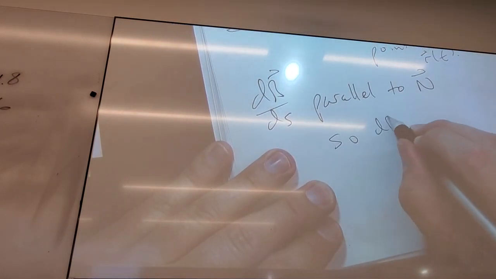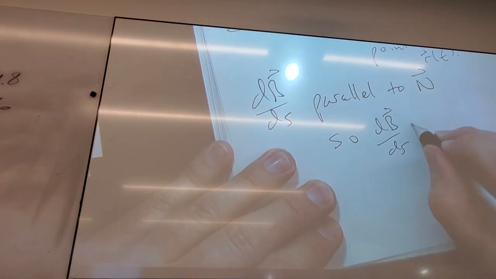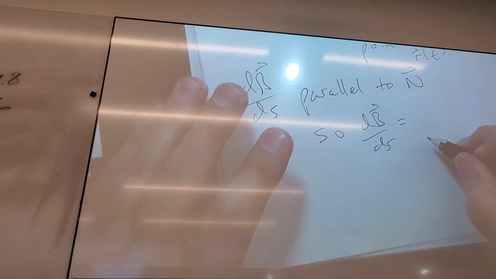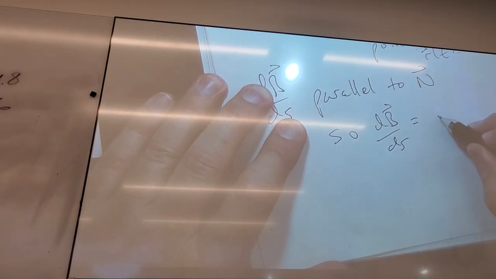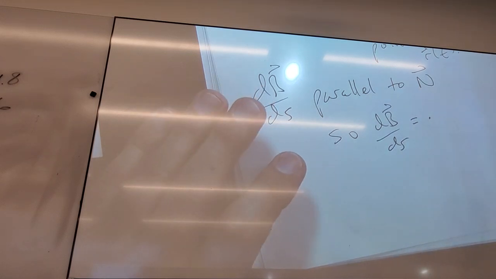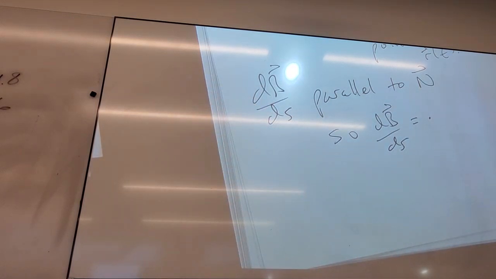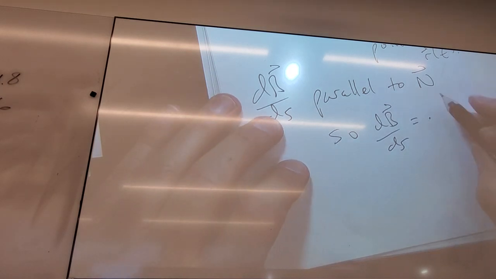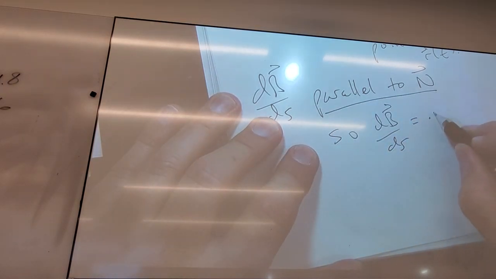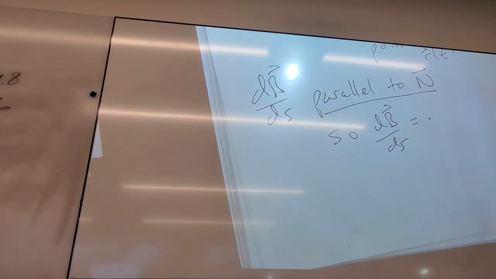So dB/ds is equal to, how do I say this? You guys have talked about proportionality. If x and y are proportional, x equals some constant times y. So since this is parallel, they are proportional to each other. Two vectors that are parallel, one's a multiple of the other one, correct?